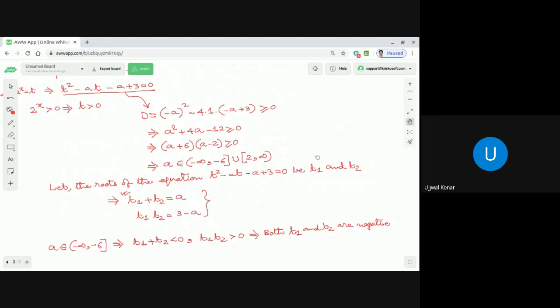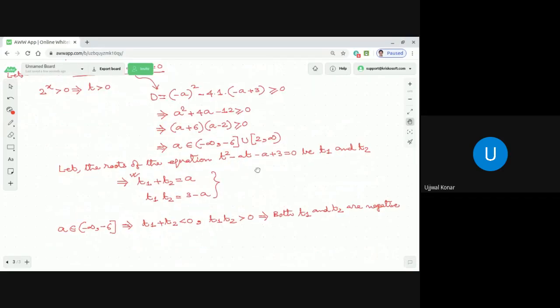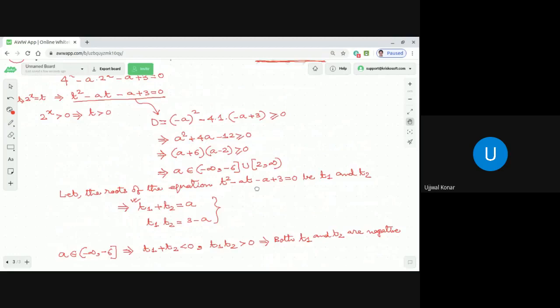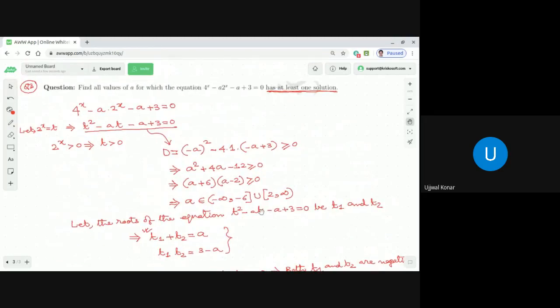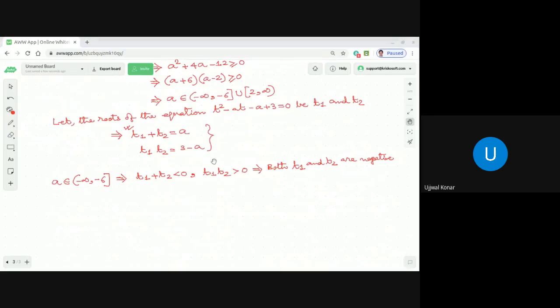If you look into this question, the original equation cannot have a solution because t1 and t2 both are negative. What is t? t is equal to 2 to the power x, correct? We took t equal to 2 to the power x, and we are getting t negative. Is it possible to have 2 to the power x negative? Impossible. So our interval of a belonging to minus infinity to minus 6 is not going to work.